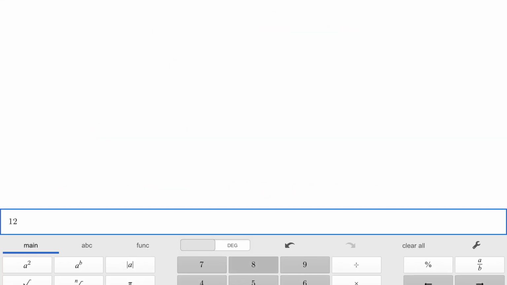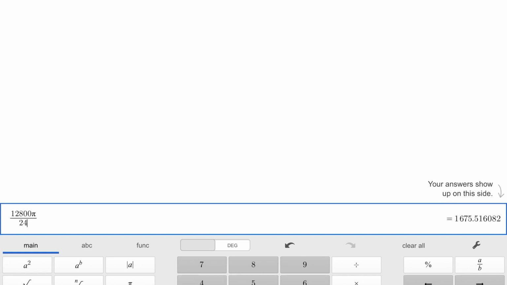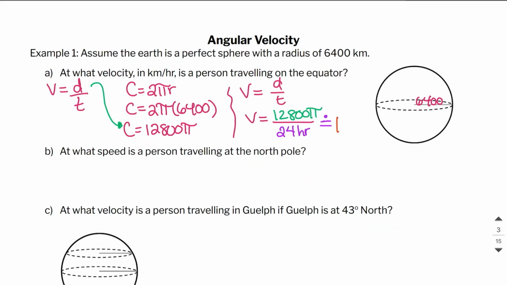So I'll type in 12,800 pi, divide that by 24, and here I get approximately 1,676 kilometers per hour. So if you're on the equator, you are going around at a rate of 1,676 kilometers per hour. Okay.